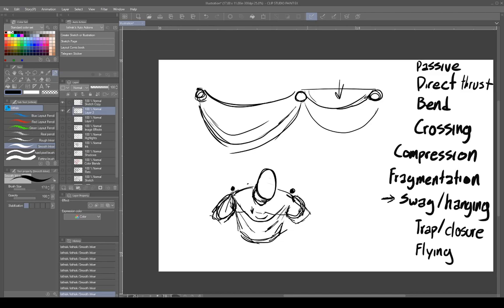If I sound like I'm repeating myself, it's again because of what I said earlier, that these are not necessarily categories of wrinkles, right? Because all wrinkles are pretty much the same. These are just different ways of thinking about it.